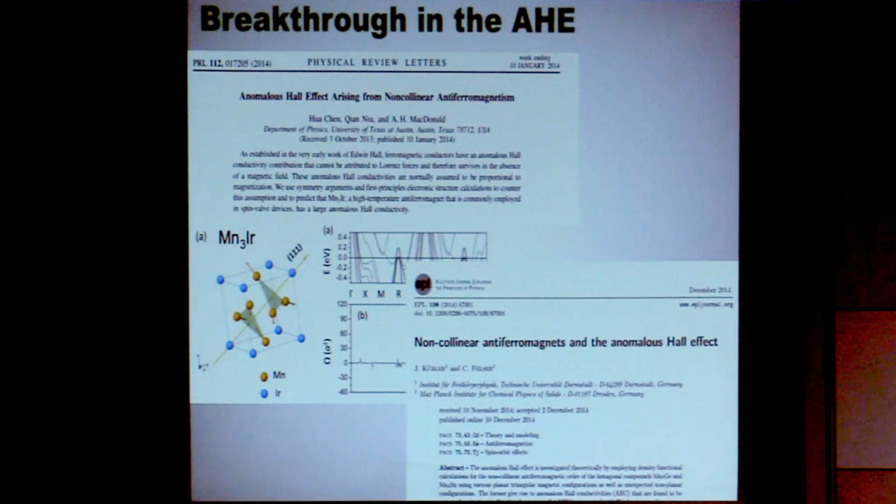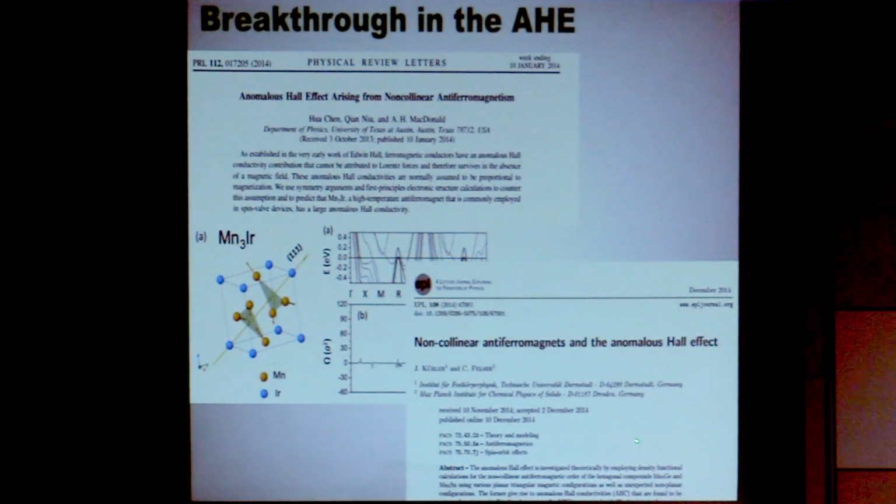These cubic systems, if you have very strict cubic symmetry, are actually very hard antiferromagnets. It's very difficult to observe or realize the anomalous Hall effect in single crystals because of the very strict cubic symmetry. Only if you can apply a uniaxial strain to break the strict cubic symmetry could you realize the anomalous Hall effect, possibly in manganese-3 iridium or manganese-3 platinum.